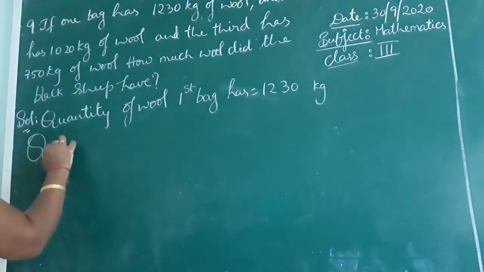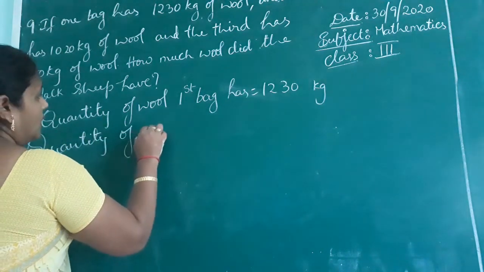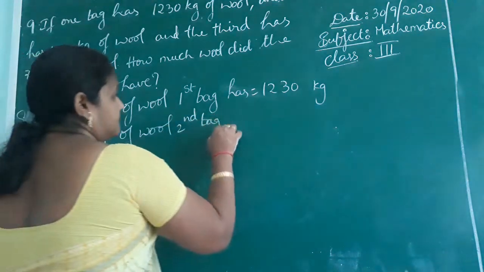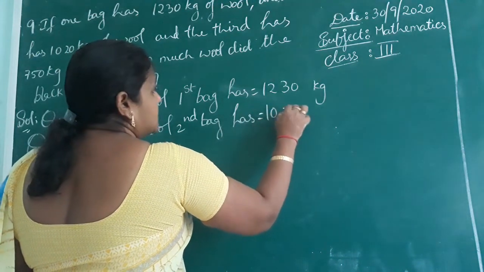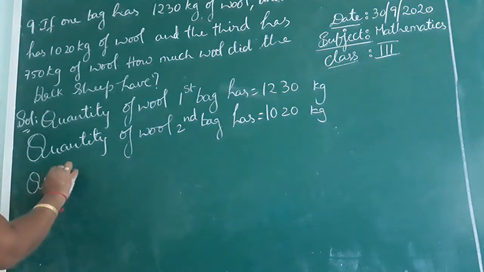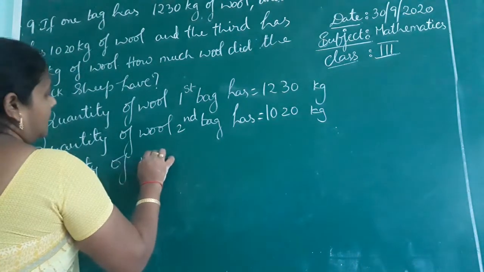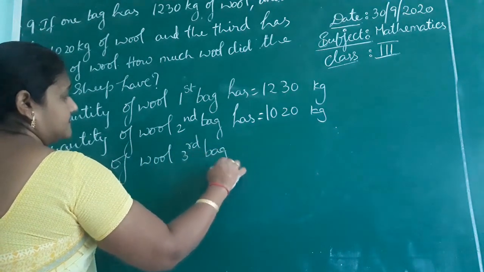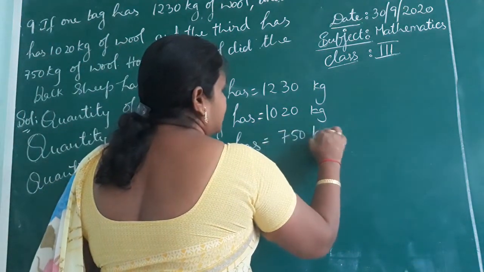Next, quantity of wool, second bag has nothing but 1020 kg. Third one, quantity of wool the third bag has, it's nothing but 750 kg.